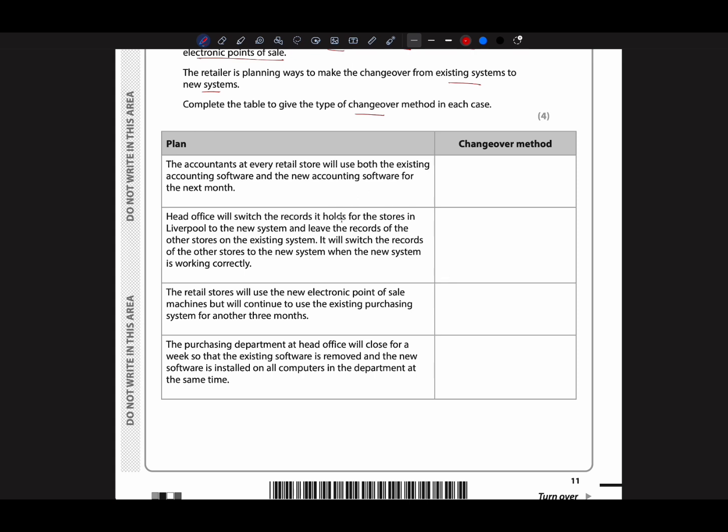One of the plans is, the accounting at every retail store will use both the existing accounting software and the new software for the next month. That means after they get the software, they make sure it is working perfectly, and all the features are covered by the new features.